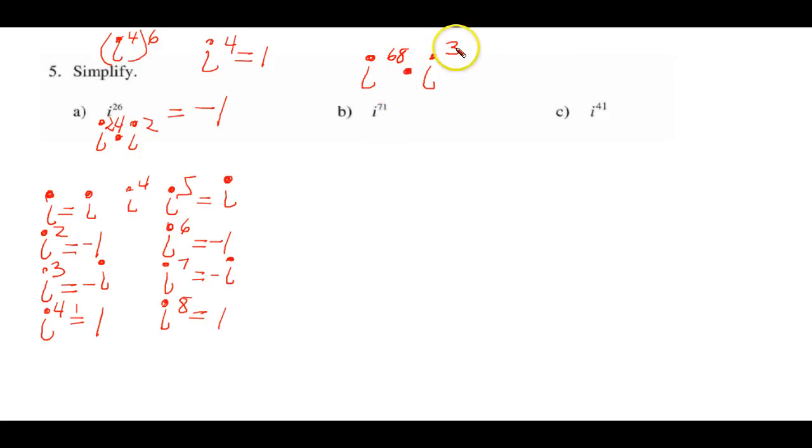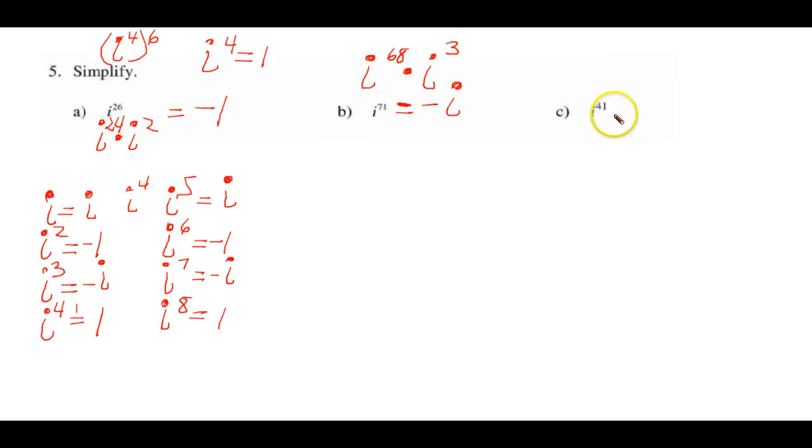So if we multiplied these, just add them up, we get 71. But since this is divisible by 4, all of this ends up as a 1. So we're left with 1 times i to the third, and we said i to the third is a negative i. So that's what this one is.